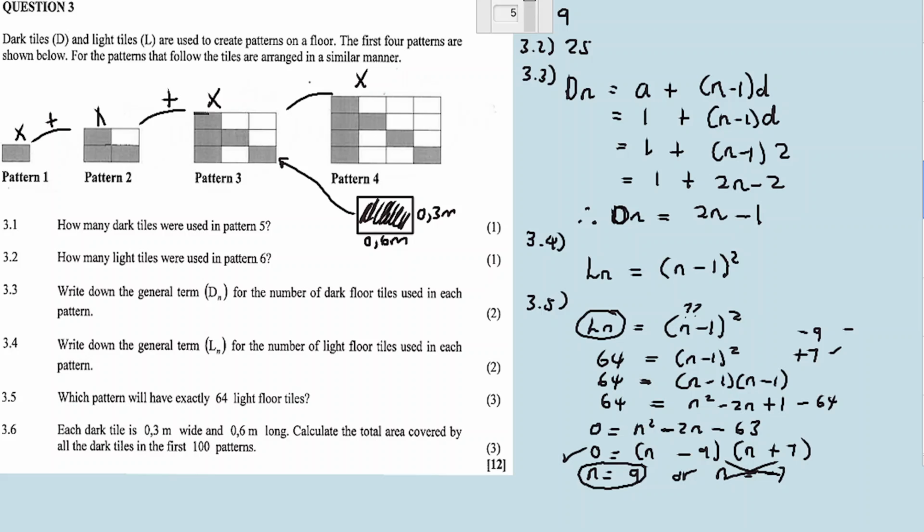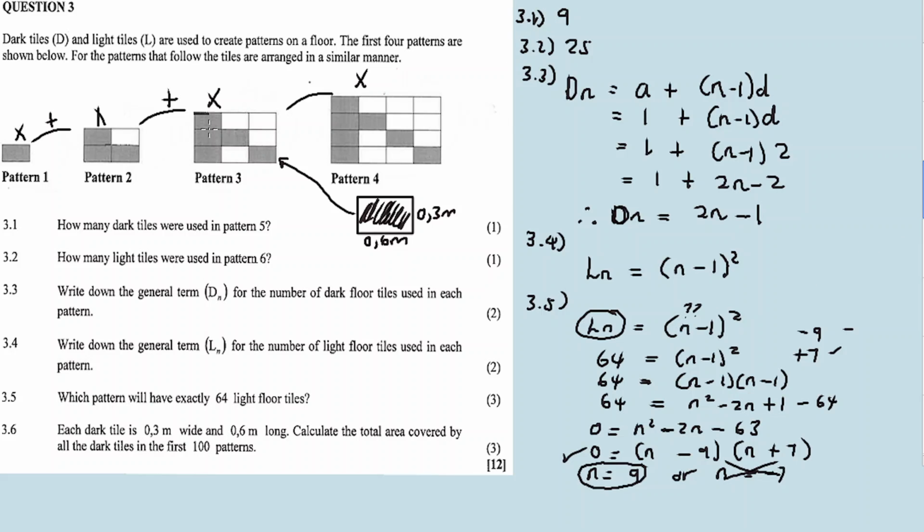Okay, we can do it, no? We can do it, but the problem is it will be a process for you to calculate that area. This I think is the area, but the number of tiles, the number of dark tiles for the first 100 patterns. I'll explain now why.